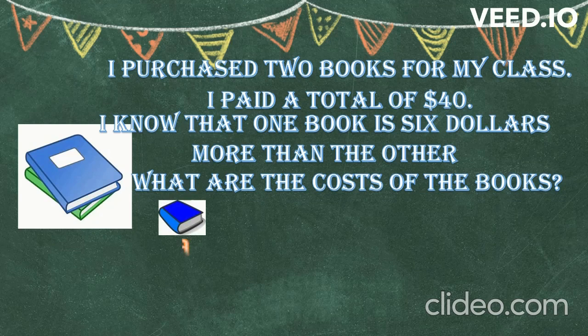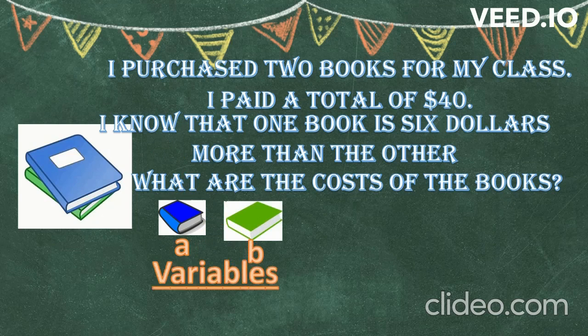For book 1, let's say the cost is A. A is a variable here. For book 2, let's say the cost is any letter, say B. B is also a variable here, so we have two variables here.